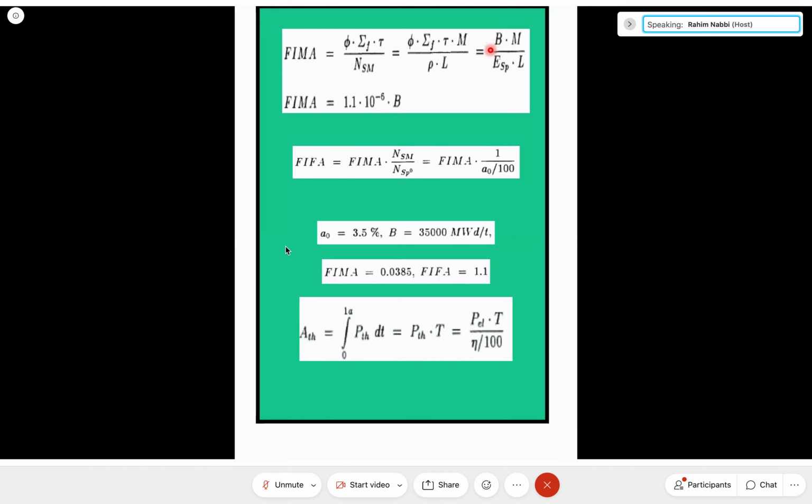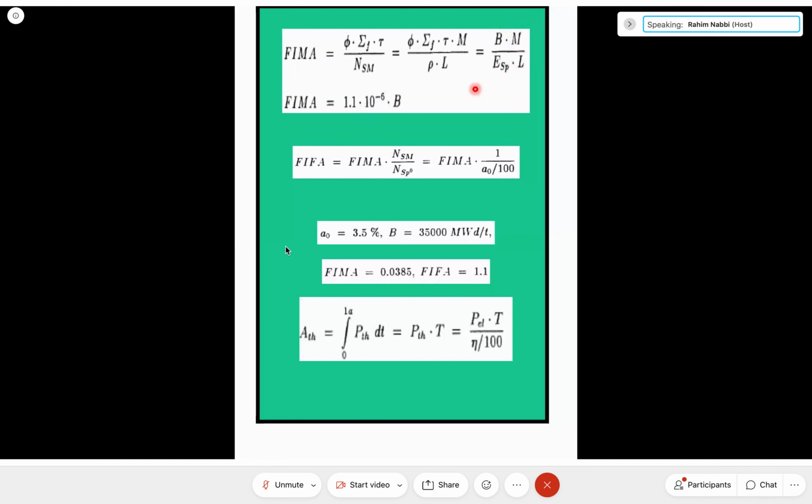And all these are constants. For example, M is the fissionable material or heavy metal, in this case something like 238, and the Avogadro number and energy per fission are available, so that all these terms can be calculated and goes to that.